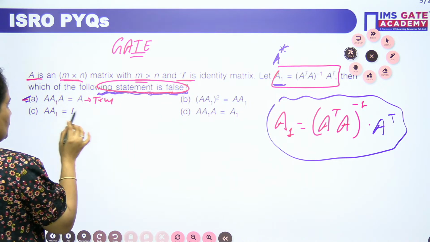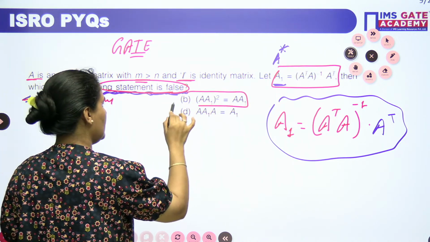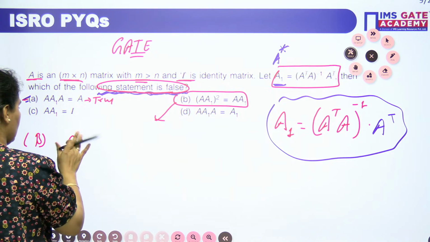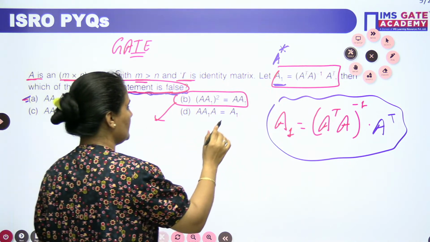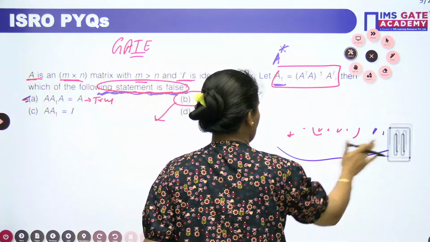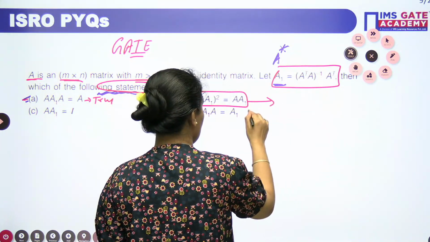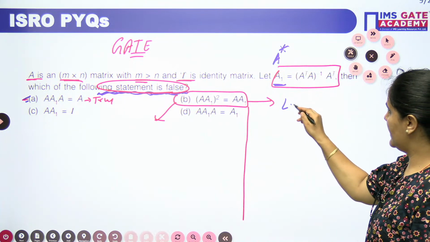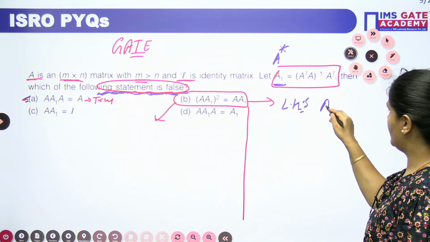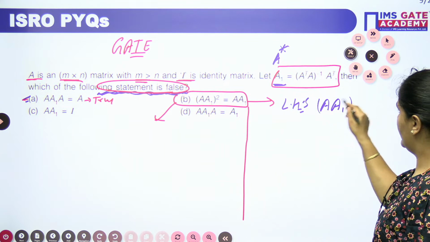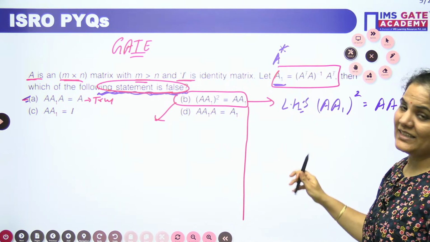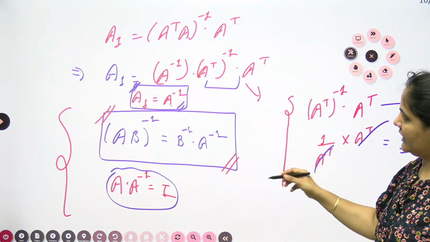Let's go for the next option, option B. In option B, I need to check the left hand side and right hand side. My option B is A1 square equals A into A1. When I check the left hand side, at the place of A1, I can put A inverse.